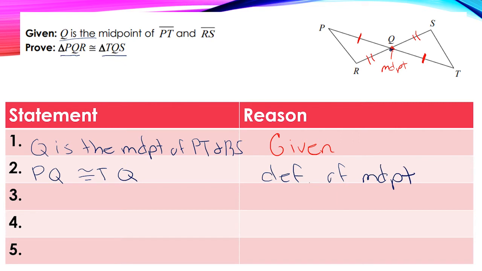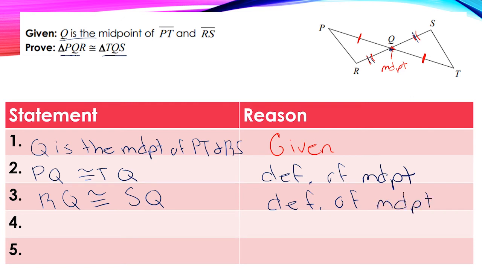We've also shown that RQ is congruent to SQ. So let's write that in. RQ is congruent to SQ. And again, we could say definition of a midpoint. So it's okay to use the same reason twice. That is completely okay. So what else do we need?